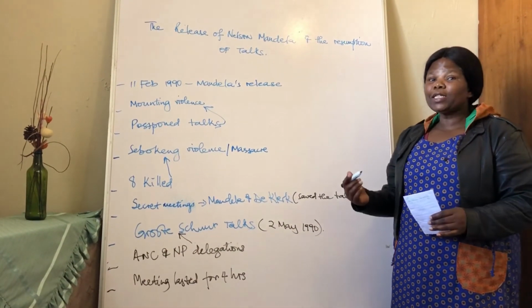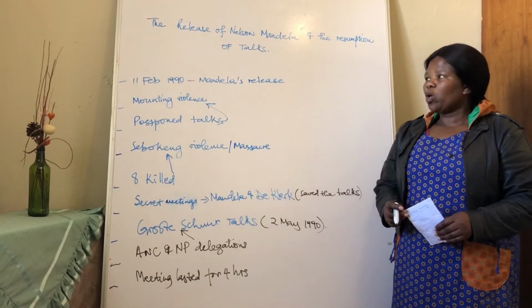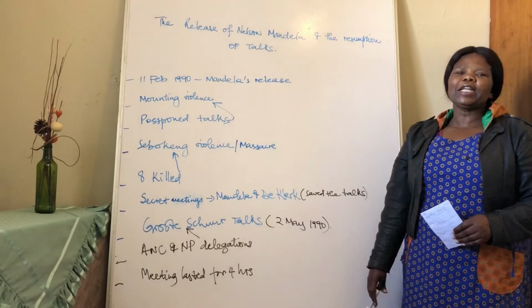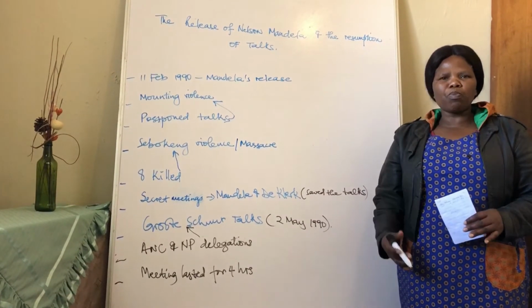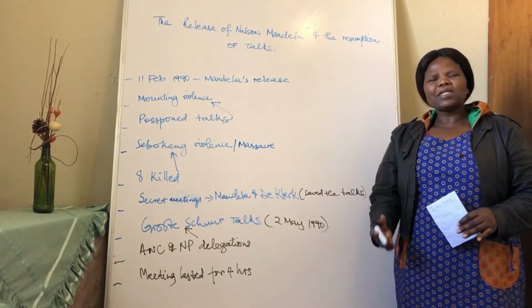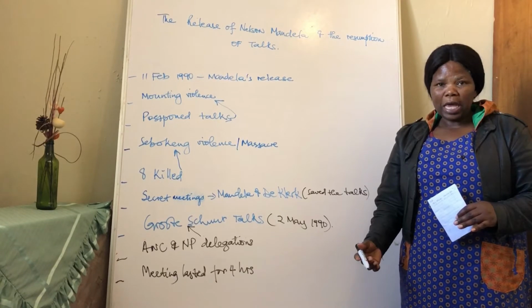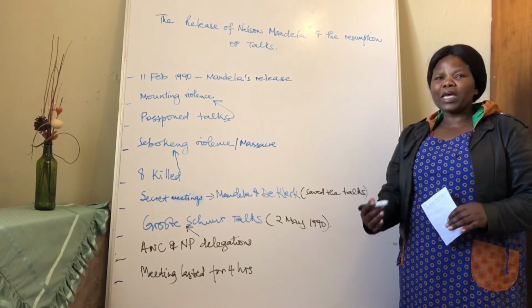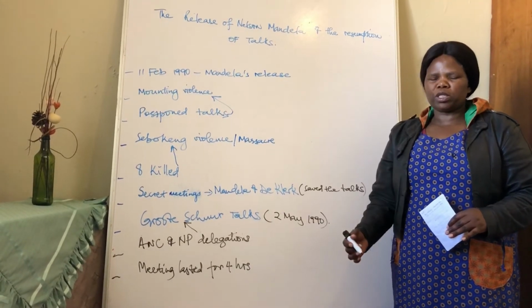Back to our heading, the release of Nelson Mandela and the resumption of talks. On the 11th of February 1990, Nelson Mandela was released, and talks were supposed to begin. But mounting violence disturbed the coming talks, and the talks that were supposed to be held on the 11th of April 1990 had to be postponed.